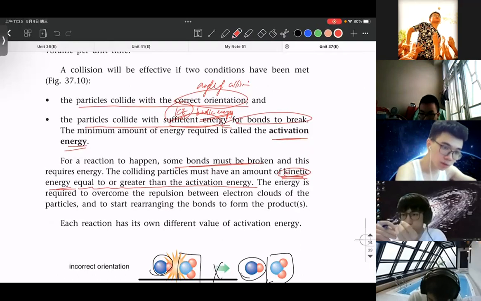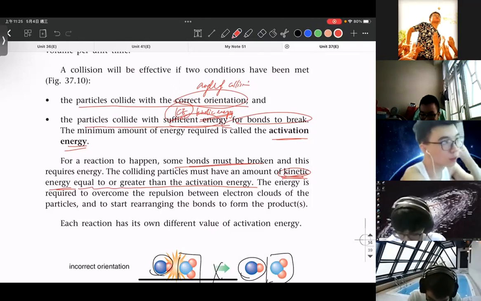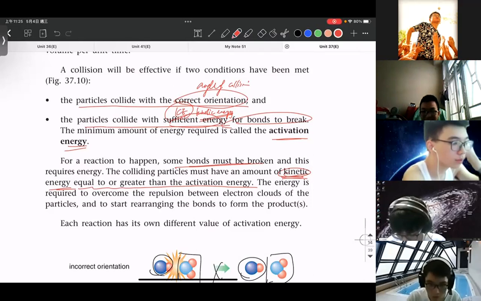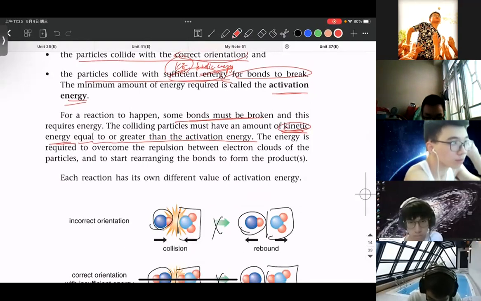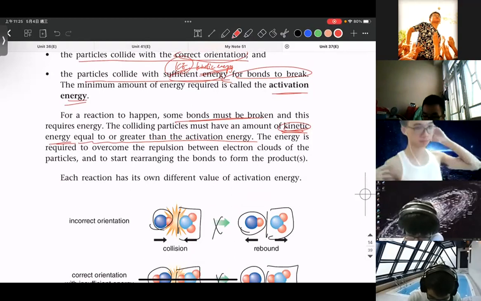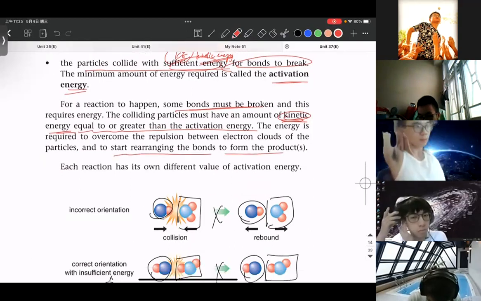If it runs fast enough, you have enough kinetic energy to transfer to something else to break down the bond, so as to let the reaction go. It is highly needed because it is used to overcome the repulsion between the electron clouds to start rearranging the bonds to form the product. Okay, can you get my point?